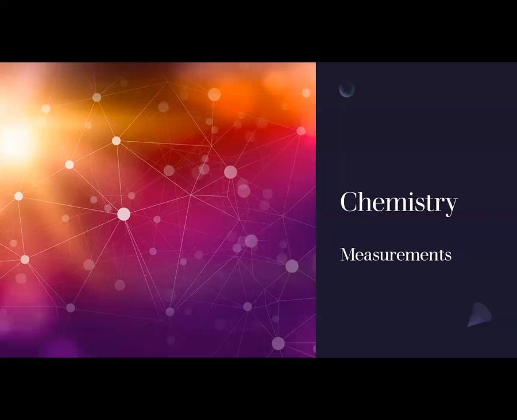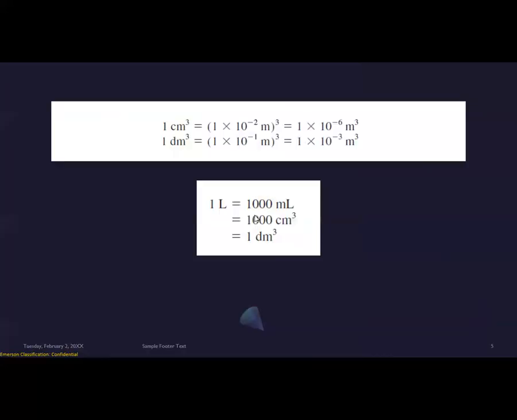So, generally, however, tayong mga scientists work with a much smaller volume. Sa mga mas maliliit tayong volume, minsan nagfo-focus. For example, gumagamit tayo ng cubic centimeter, which is cm raised to 3, or cubic decimeter. Okay.